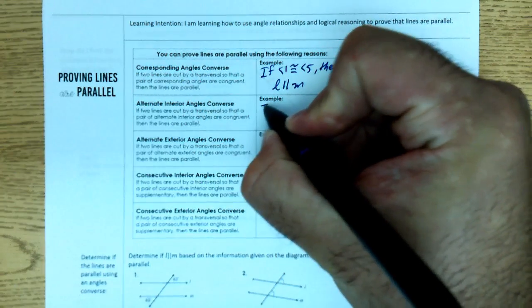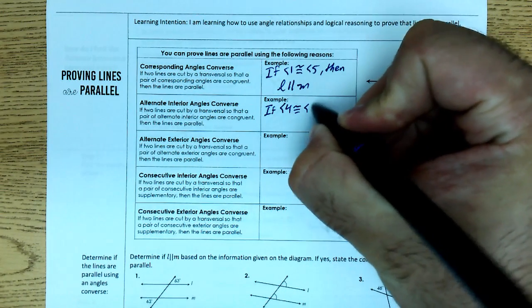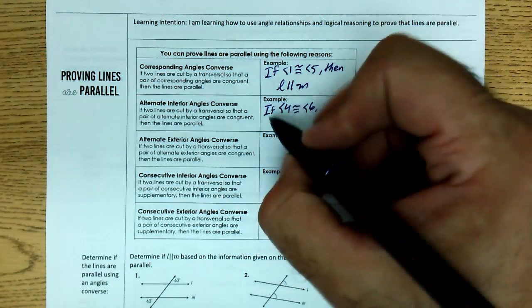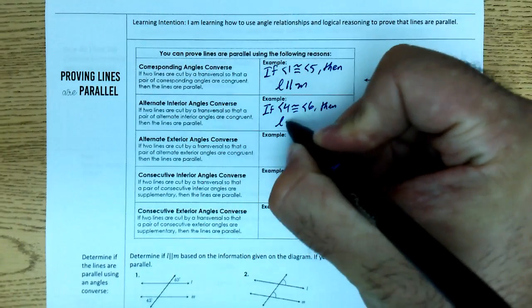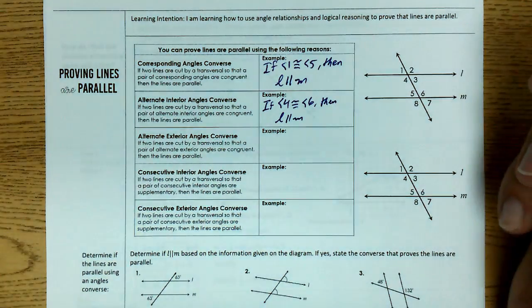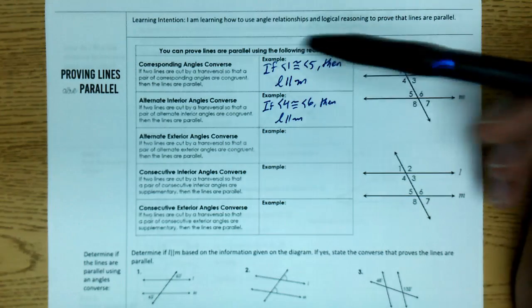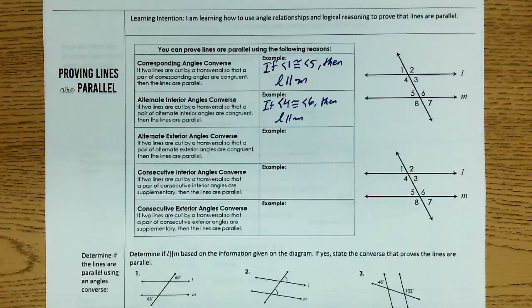So I'm going to say if angle 4 is congruent to angle 6, that's what we said about alternate interiors, that they should be congruent if the lines are parallel. So we're writing the opposite of that. We're writing the converse. If angle 4 is congruent to angle 6, then line L is parallel to line M, just like the one above it. We're just putting this big old paragraph, or it's not a paragraph, it's a sentence, but looks like a paragraph, into a more reasonable looking sentence.